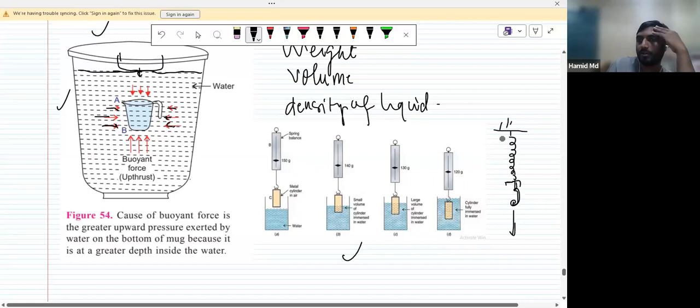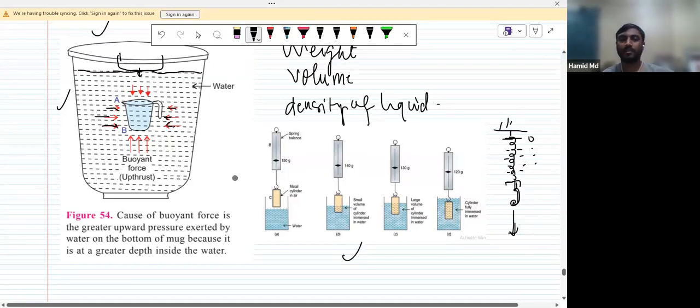There will be a scale coinciding with 0. Whatever it is, somewhere there will be a scale. When we apply the force, this spring gets stretched. If the weight is more, the spring stretches more, and there will be more reading, right? Yeah, I understood now why the weight is less.